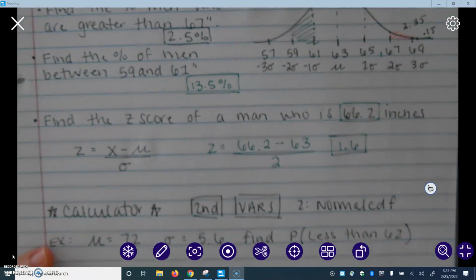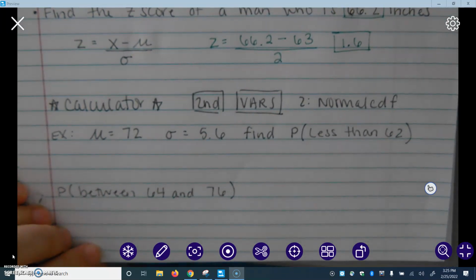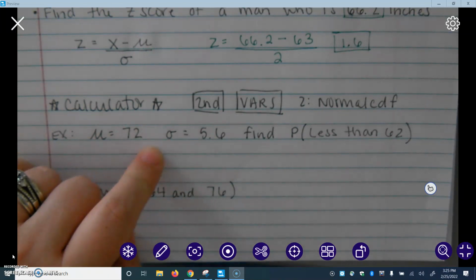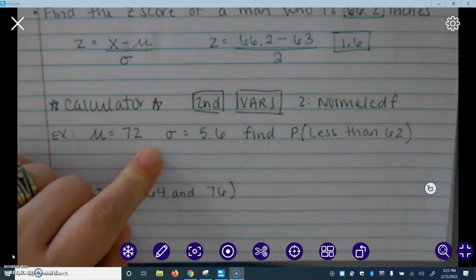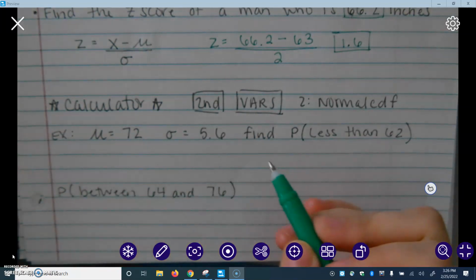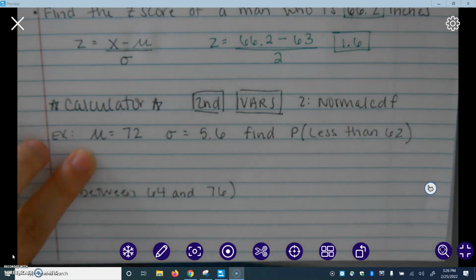All right, now the calculator, you can use the calculator whenever. You can use it for the empirical rule, but you have to use it if you have numbers that are not exactly 1, 2, or 3 standard deviations away from the mean. So I don't have a context to this because I don't want this video to be too long, but I'm going to sketch my curve.